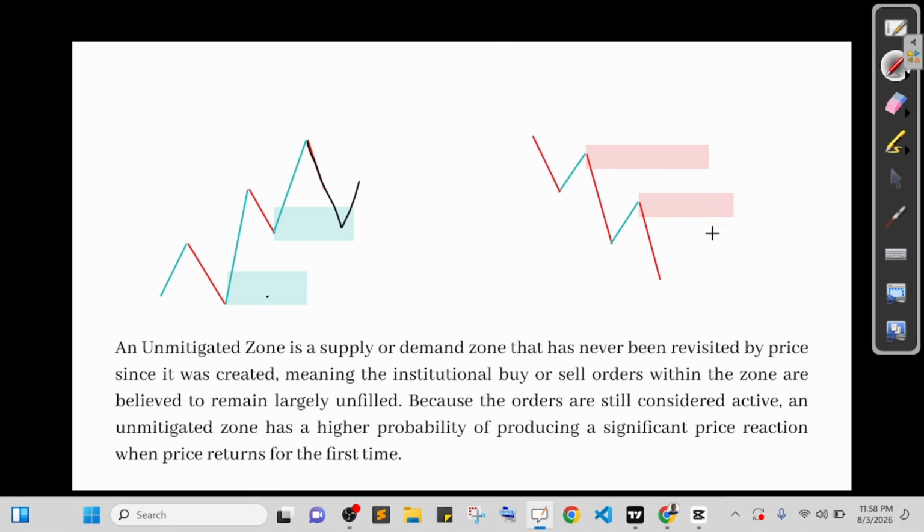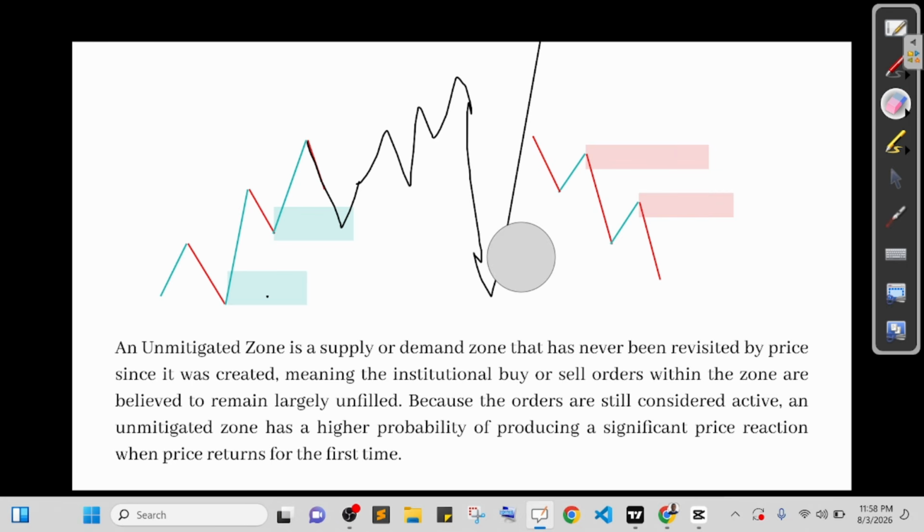But presently this one is unmitigated, this one is unmitigated. There's high tendency that the price can even come in the future to that level and push up. So learn to identify mitigated and unmitigated zones in the market, and I will advise you to focus on the recent unmitigated zone in the chart.